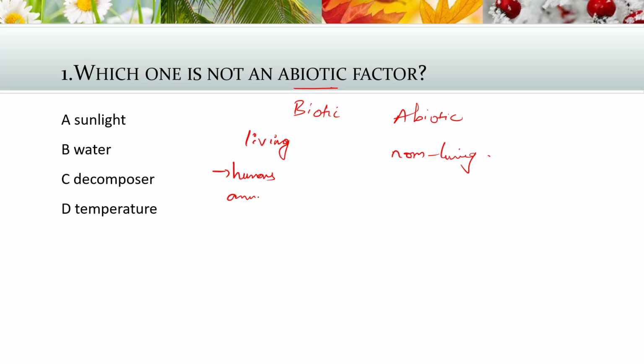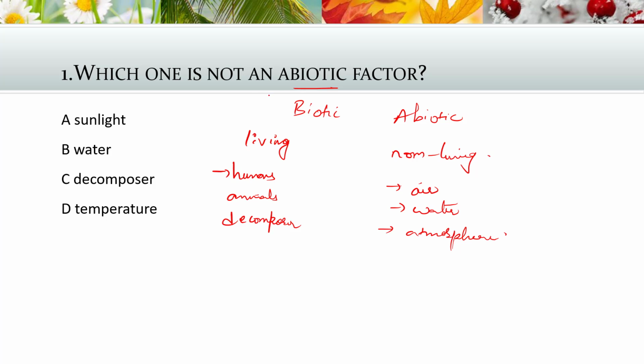Humans, animals, and the decomposers. Decomposers include the bacteria, fungi, algae, protozoa, all these things come under the decomposers. And now non-living things. The non-living things are like air, water, and the complete atmosphere, right? So these things come under the non-living things.